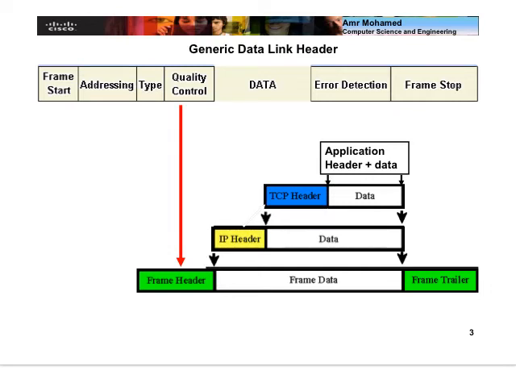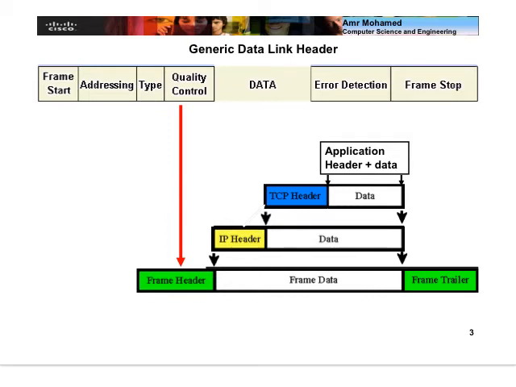Why? Because if you have any error in the frame, there is no point in continuing any further. There's no point in sending this frame any further from this point.